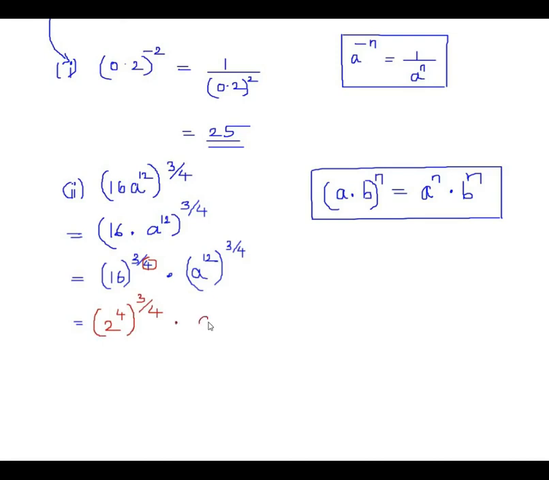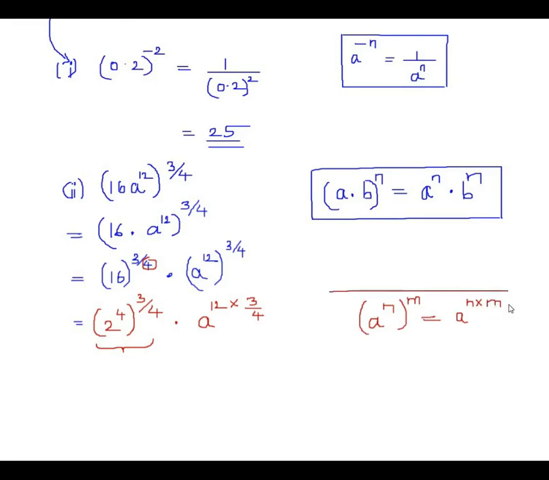Times, here it becomes 12 multiplied by 3 over 4. Now for this one, again we are going to use a law of indices, that is, if a raised to the power of m is raised to a power of n, then we simply write it as a raised to the power of m times n.